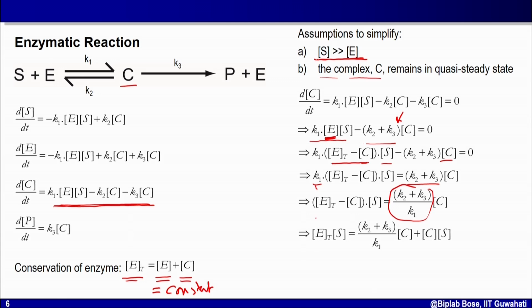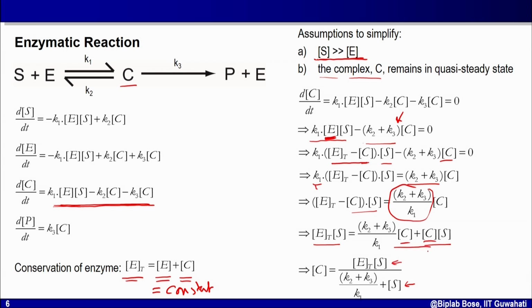Then I can multiply S inside this bracket. So I get ET into S minus C into S. I take C into S to the other side, the right hand side. So I get ET into S equal to (K2 plus K3) by K1 into C plus C into S. Let us separate C. If I take C common, I get (K2 plus K3) by K1 plus S. That goes in the denominator, and I have ET into S in the numerator.